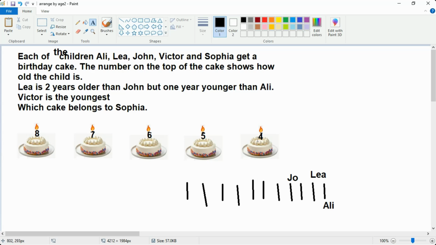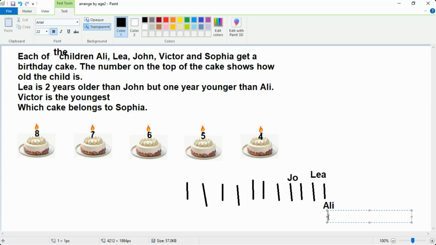But we also know that these ages are in sequence. So you can see from the answers 4, 5, 6, 7, 8. This is basically the trick.